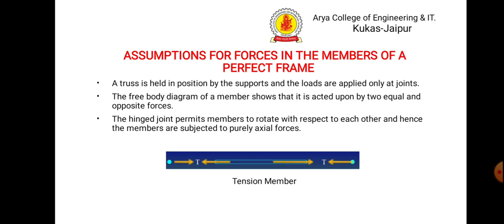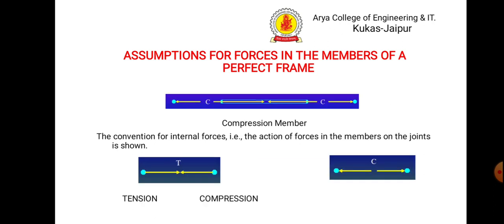Then for compression, it acts just like this, that the direction of force will be towards the center. So the convention for the internal force, the action of force in the member at the joints, is as shown. As I told you earlier, in tension the direction of force is away from the center, and in compression it is towards the center.